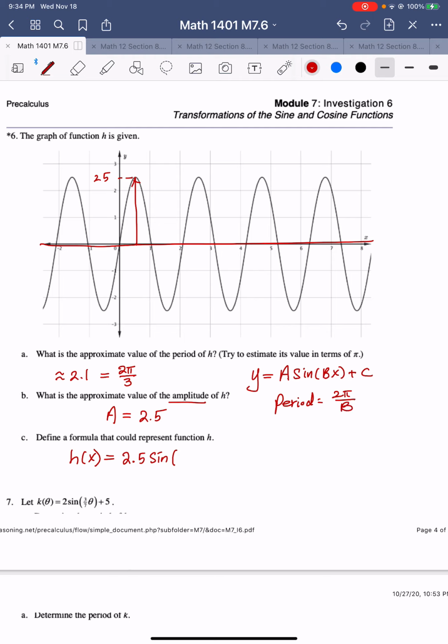So this period is 2 pi over 3, equal to 2 pi over b. And so for b, 2 pi times b is the same as 6 pi. Divide by 2 pi on both sides, b is equal to 3. So it's going to be 3x. So that's the function for this graph. Okay, thank you for listening.